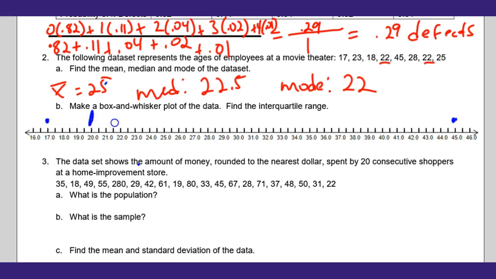The median was 22.5, so that would be right here. 22.5 is right there. And then the upper quartile was 26.5. That's right here. All right, so there we go. We connected. Man, this line's terrible.